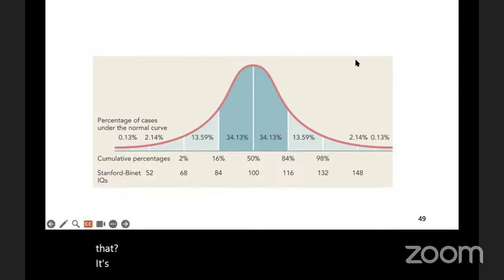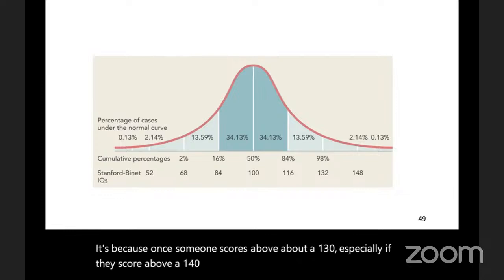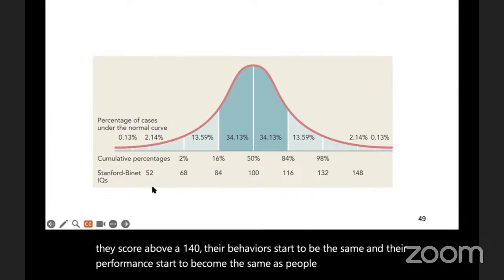It's because once someone scores above about a 130, especially if they score above a 140, their behaviors and their performance start to become the same as people who scored a 68 and below.